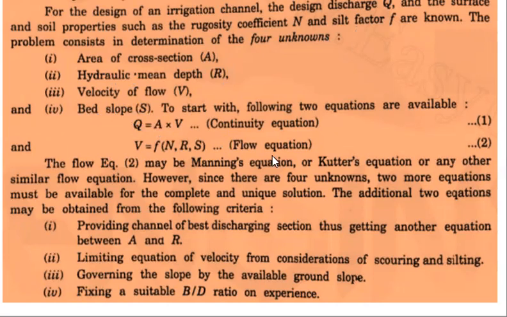So we have the continuity equation. I hope you know Q is equal to A into V. You have studied in fluid mechanics, and also the flow equation, V is a function of N, R. So the second one, the flow equation, may be Manning's equation or Kutter's equation or any other similar kind of flow equation you can adopt.